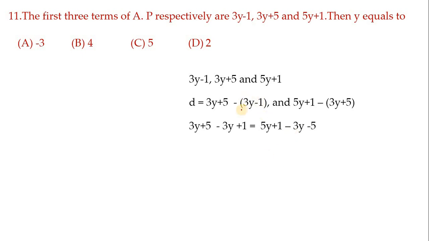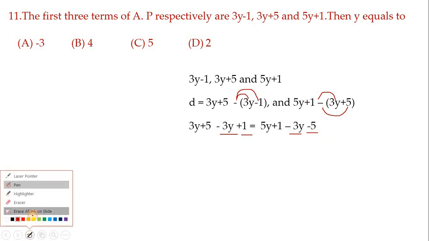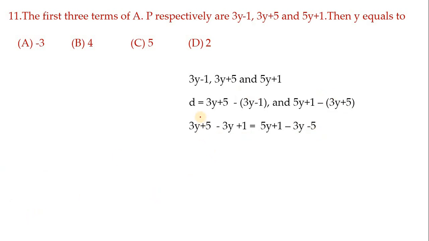And one more thing you have to simplify here. Minus into 3y is minus 3y, minus into minus is plus 1. And here also minus into 3y is minus 3y, minus 3y into plus 5 is minus 5. Now simplify these. Plus 3y and minus 3y get cancelled, and here 5 plus 1 is 6.